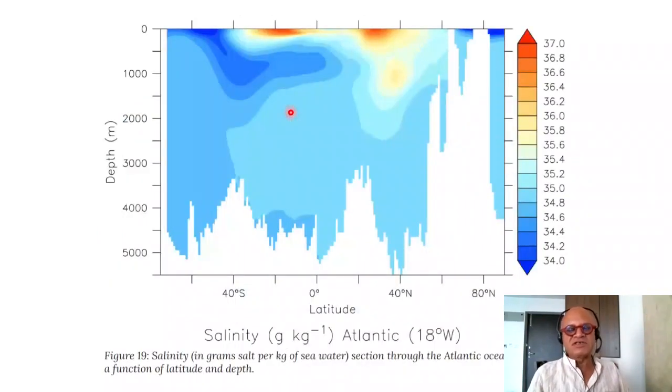So you can see the sinking here in terms of depth and salinity. This is the Atlantic section. Salinity in grams salt per kilogram of seawater, a section through the Atlantic at 18 west as a function of latitude and depth. So this is where we said deep water is forming. You can see the high salinity penetrating deeper here, extending across the equator into the southern hemisphere, whereas the lighter salinity water is extending northward.